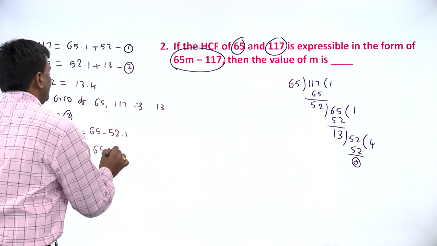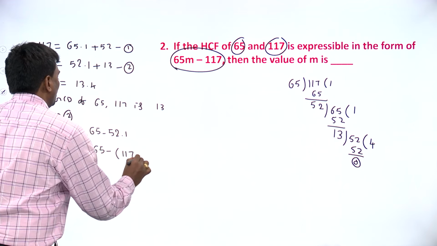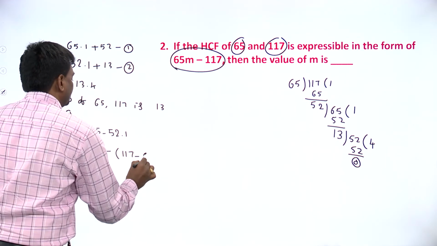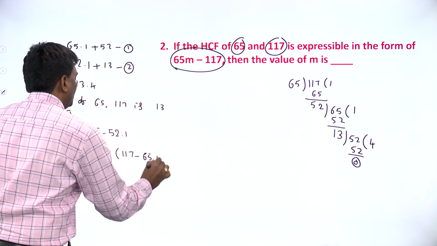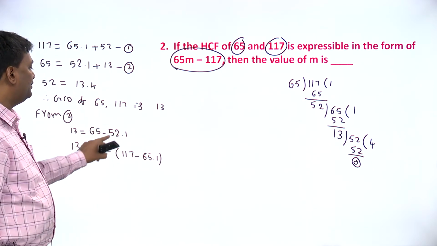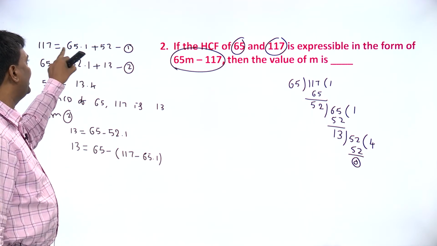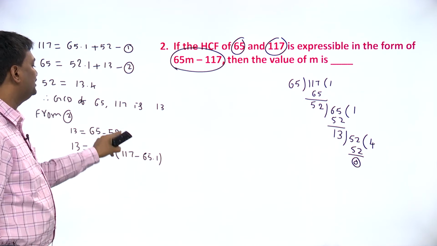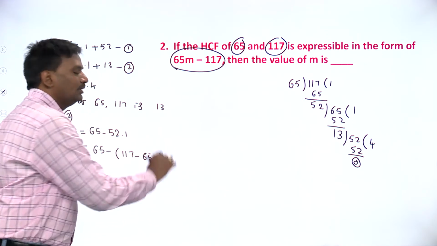In place of 52, by writing 117 minus 65 into 1, we get 65 minus (117 minus 65 into 1) into 1.